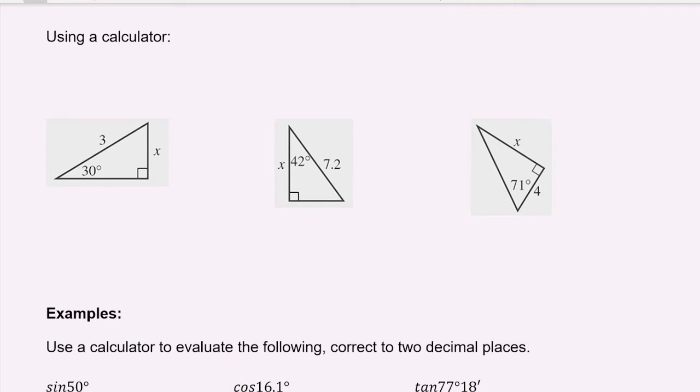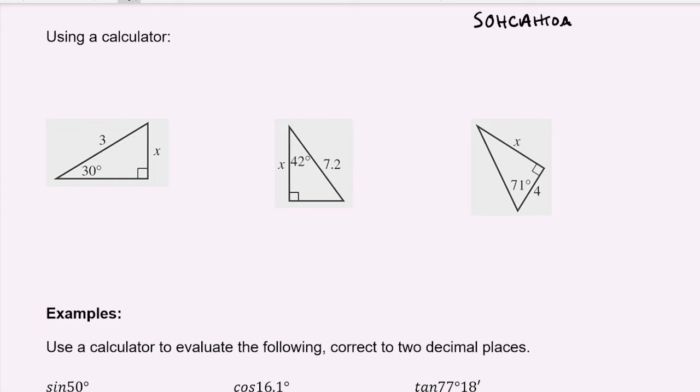So using a calculator, the first thing we want to remember is that mnemonic of SOHCAHTOA. I'm going to pop that up there, just so I've got that as a bit of an aid to remember what's going on. So over here, I'm going to use a calculator to find these bits and pieces.